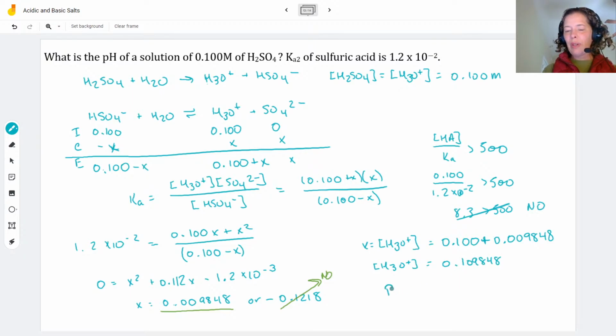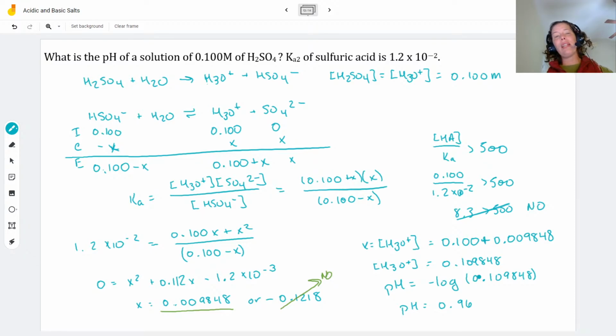So our concentration of hydronium is equal to 0.109848. Our pH is just our negative log of this value, 0.109848. So our pH here is 0.96. It doesn't change it tremendously, but it changes it enough that it is beyond experimental error, so we do need to take it into account.